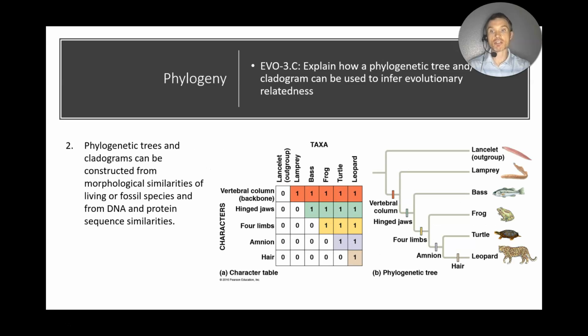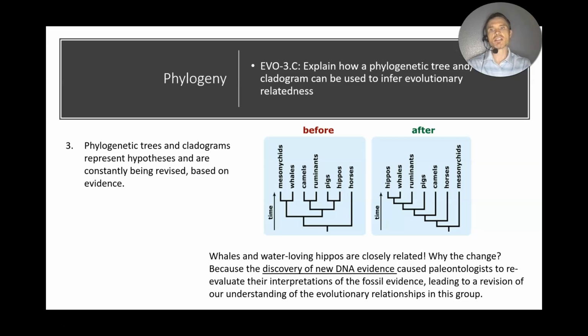Phylogenetic trees and cladograms can be constructed from morphology similarities of living or fossil species, and from DNA and protein sequence similarities. And this is what we addressed in this presentation already, so you can further see the examples of this in this chart. Now interestingly, phylogenetic trees and cladograms represent hypotheses.